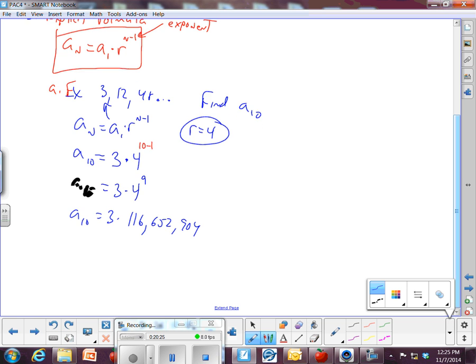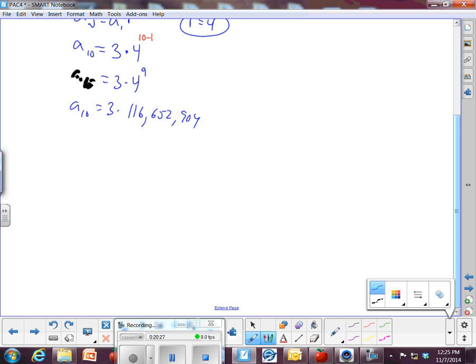Again, with the calculator, it's no problem. Doing it longhand would be a big pain. Let me check one more time. Yeah, that's what it is. So I end up at a sub 10 equals... whoa, I'm off.